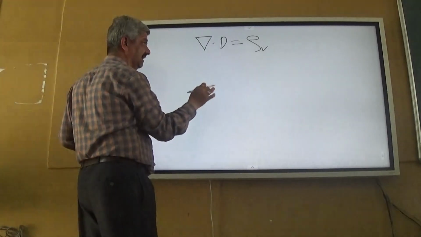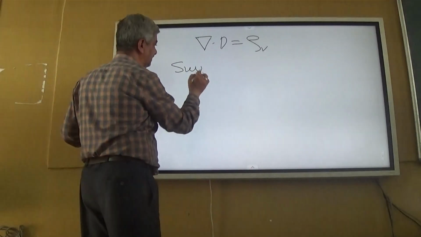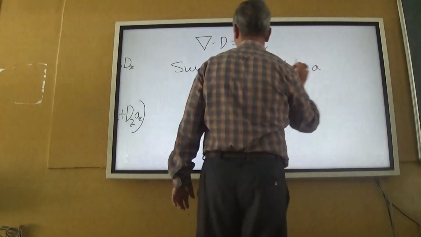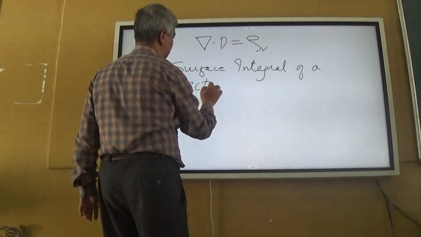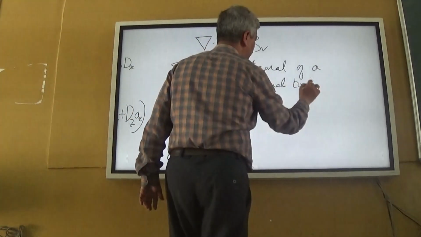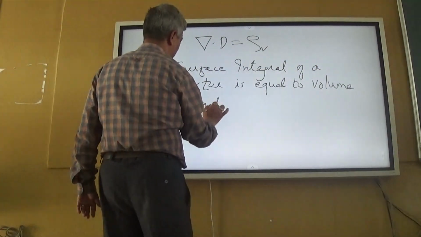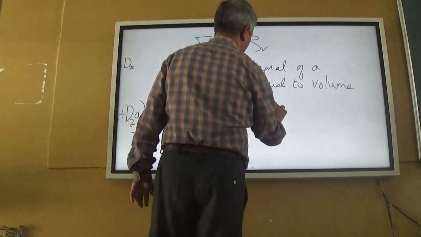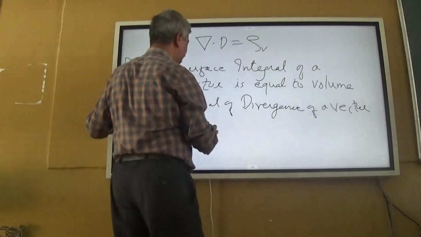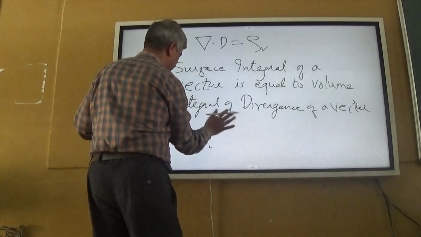So the divergence theorem states that the surface integral of a vector, for a closed surface, is equal to the volume integral of the divergence of a vector. That is, over a closed surface.